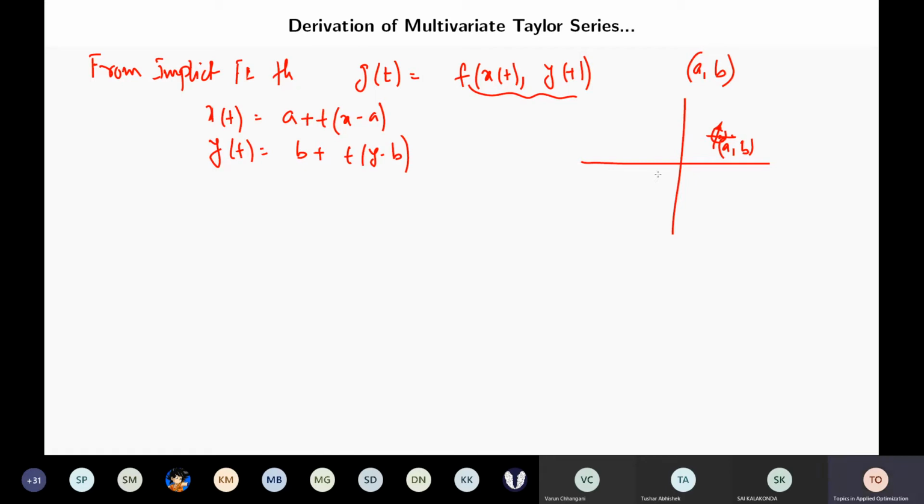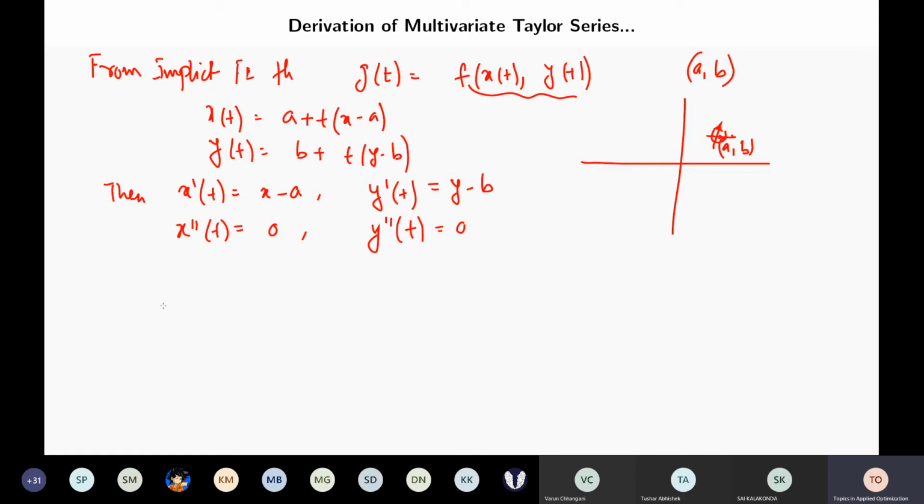Then x prime of t will be x minus a, and y prime is the derivative here, y minus b. I take the derivative with respect to t because these are functions of t, they are parameterized now. And if we took a double derivative, then this will be 0 because there is no longer t left here. So this will be 0.